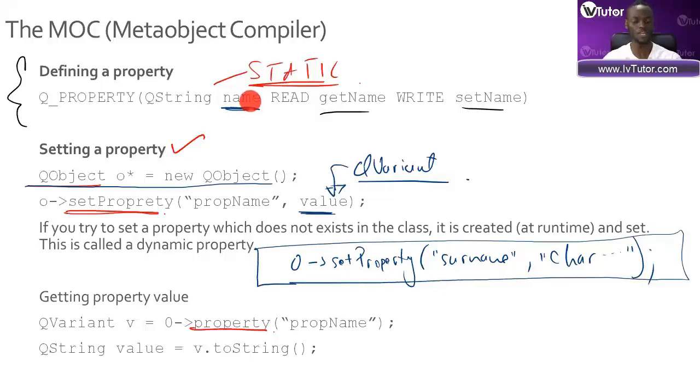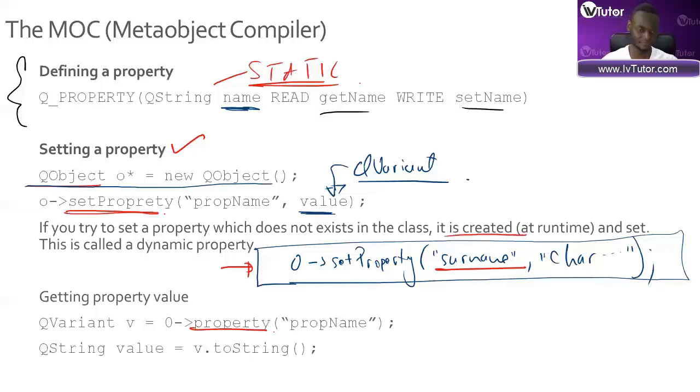Now, if you try to set a property which doesn't exist in your class, in other words, it hasn't been defined yet, your compiler at runtime, which means when the program is running and it gets to this line, it will go and check, do I have this property in this class? It will go in your class. It won't find the property. What does it do?